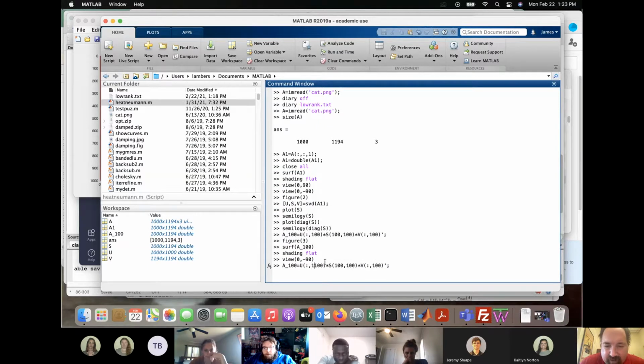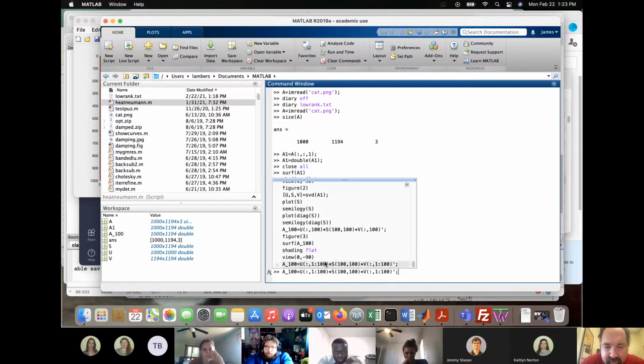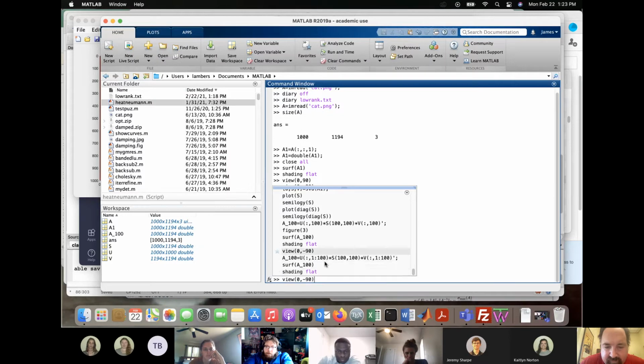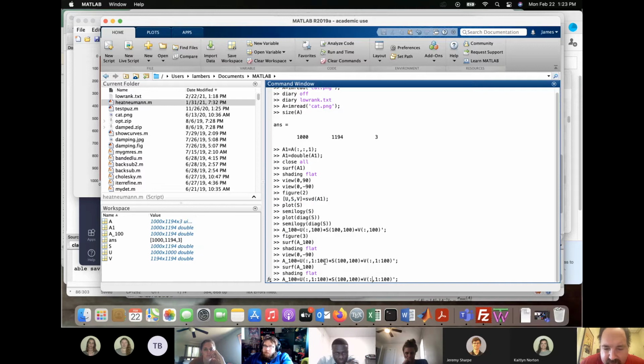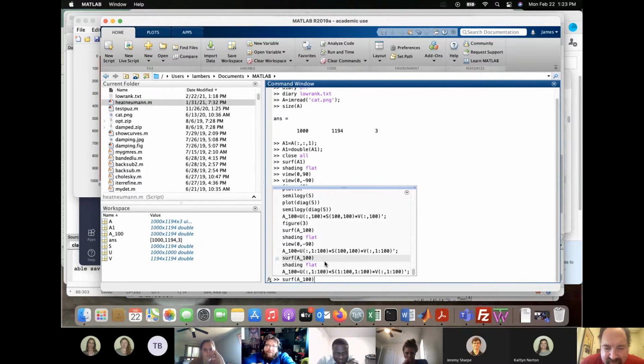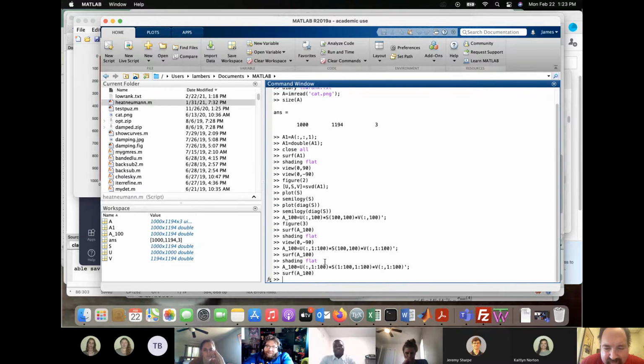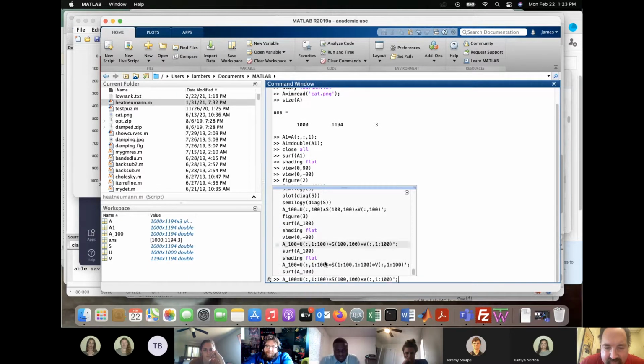I want columns 1 through 100 of U and V. I think same for the S, right? Oh, yep. Okay. This is what happens when my digressions are unplanned.